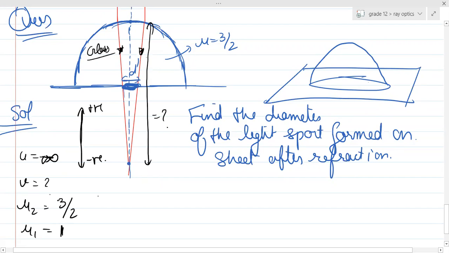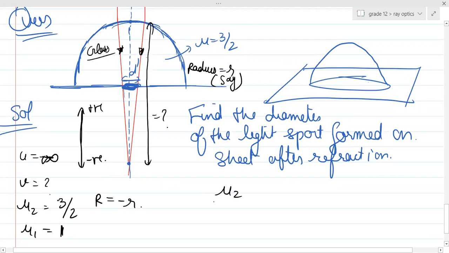Mu one is air, and the radius of curvature is not given. So let's say the radius is r. If radius is r, then can you say this will be plus r? Oh, sorry, minus r. So this will be minus r.